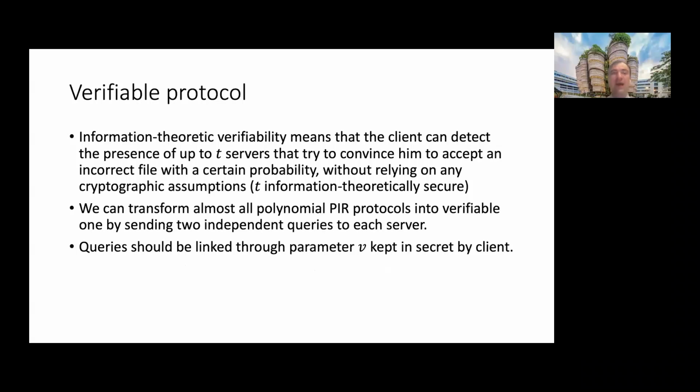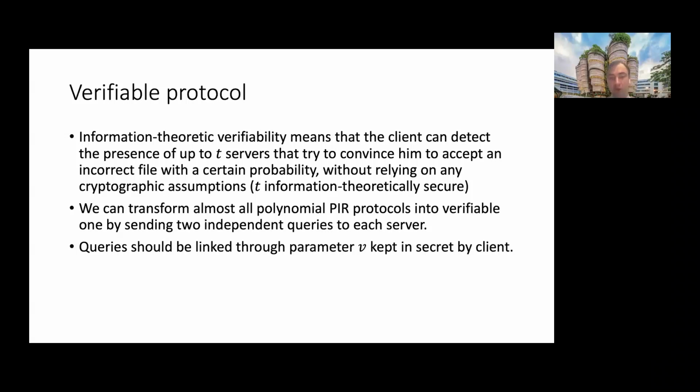In our protocol, we attain information theoretic verifiability, which means that the client can detect the presence of up to T servers which try to convince him to accept an incorrect file with a certain probability, without relying on any cryptographic assumptions. So in our work, we construct T information theoretically secure schemes. In the case when we rely on some cryptographic assumptions, we get a T computationally secure scheme.